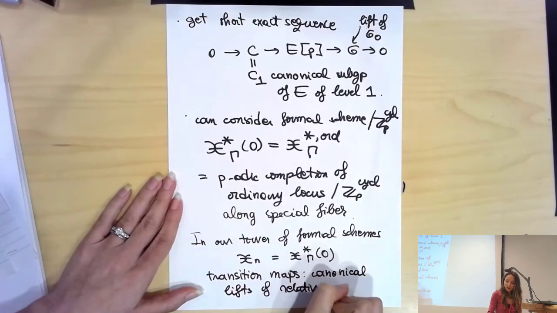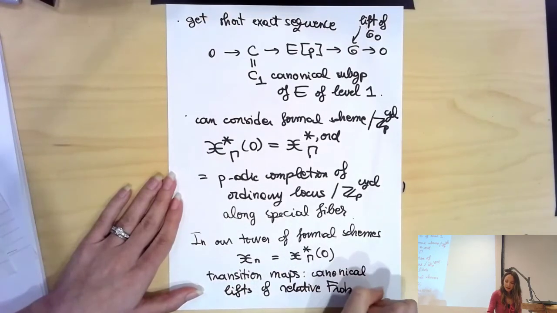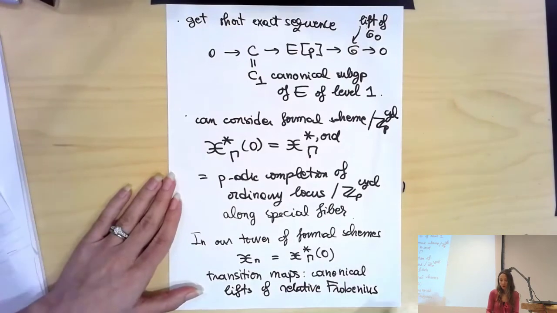So it almost seems that we're not doing anything, but I'm going to draw a diagram. When you say relative Frobenius, relative to what base? Relative to FP bar. Okay.